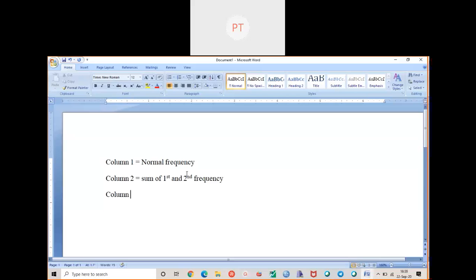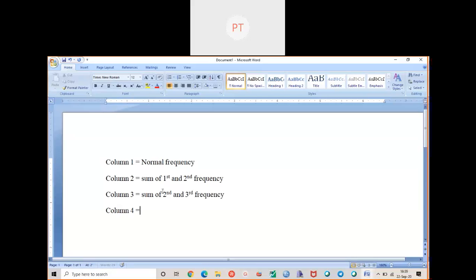Column number 3 is the sum of the second and third frequency.